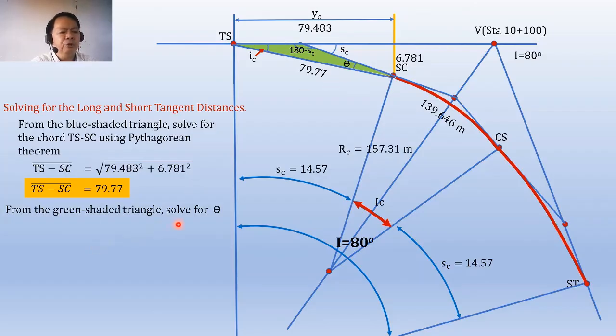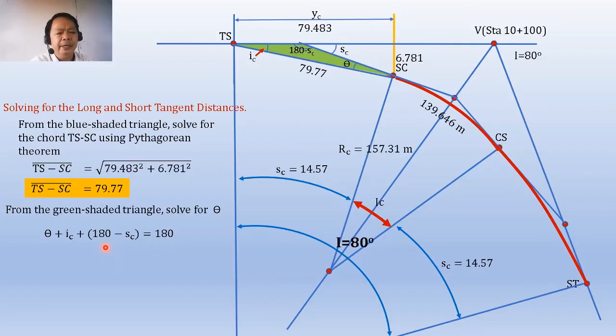So we will be solving for that angle using that green shaded triangle. We understand that the sum of all the angles inside the triangle is equal to 180. Therefore, there will be a relationship that we can establish between I sub C, this angle, and that, the sum of which must be equal to 180. That is, the sum of theta plus I sub C plus that angle 180 minus S sub C will be equal to 180.